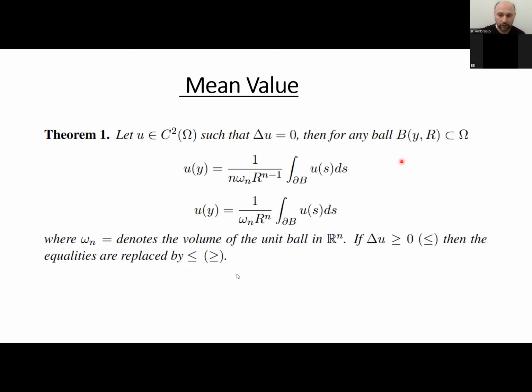And so this is r plus r, 2r, right? Which means that this ball is included in the ball of center y and radius 2r. So I can write that since u is non-negative, I keep my constant here, but instead of looking at the integral over B_r, I can put B_2r centered at y of u. Yes, right?